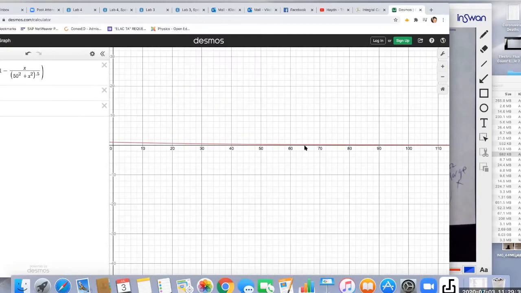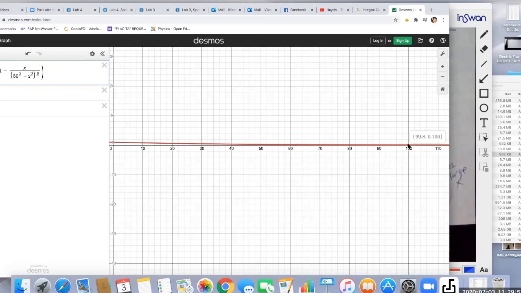So for example, if I go to 60 meters, what's the strength of the E field? 0.232, right? Or if I go to 50 meters, 0.294. If I go to 100 meters, what should it be? If it's already behaving like a square function, what should it be?